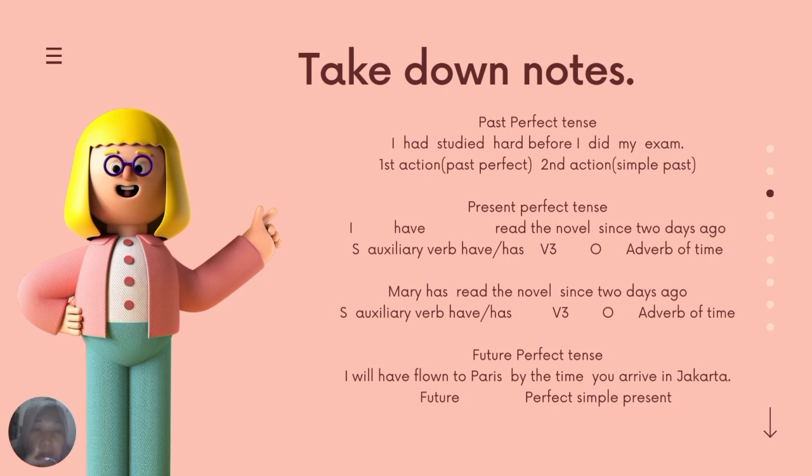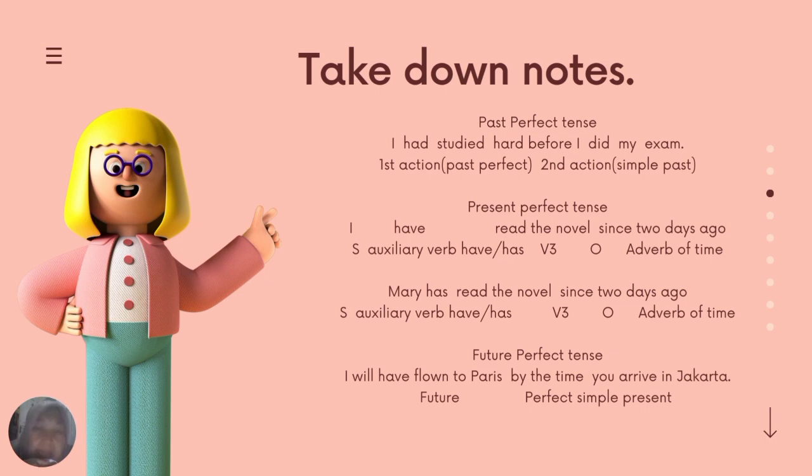You can notice there are differences between the first example and the second one. The first example uses have for the subject I, and the second example uses has for the subject Mary.